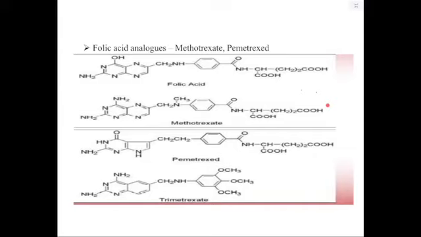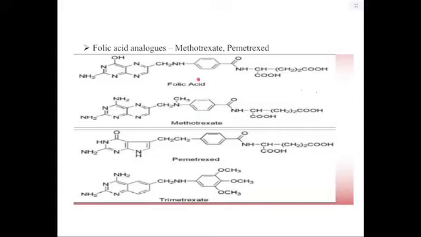The enzyme is confused. The structures are so similar that the enzyme is not able to differentiate between folic acid and methotrexate, and therefore it takes the wrong substrate.